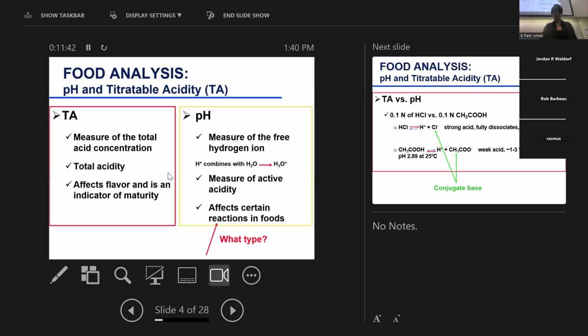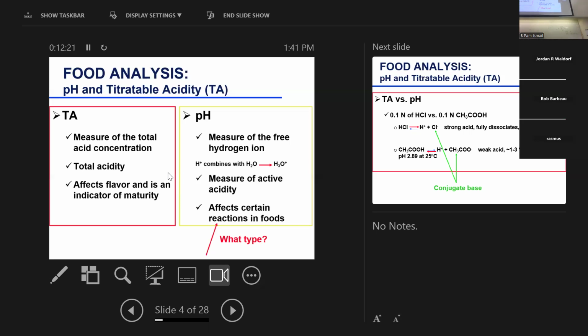Okay. So before I let you go, pH impacts what reactions in food? Why is pH important? What does it impact? It does impact the color. Changes in color, especially of phytochemicals, at different pH will have different color. So pH impacts chemical reactions.